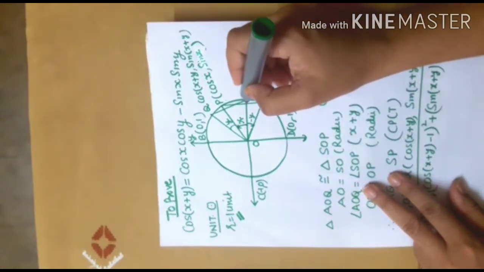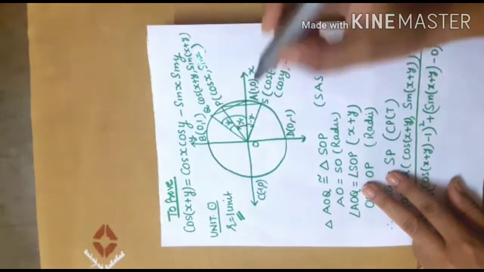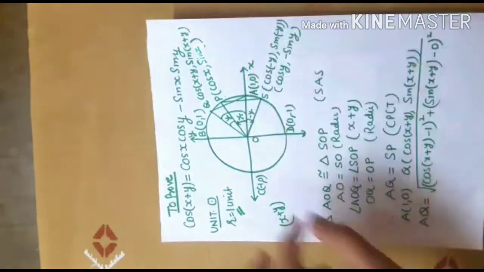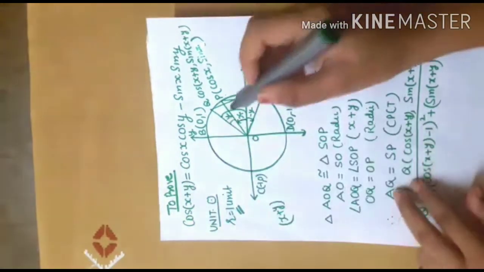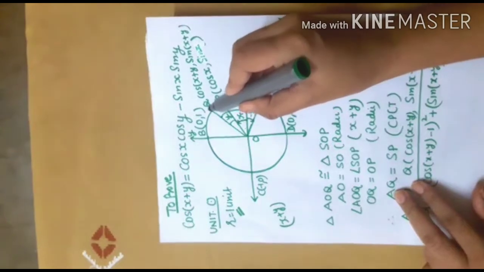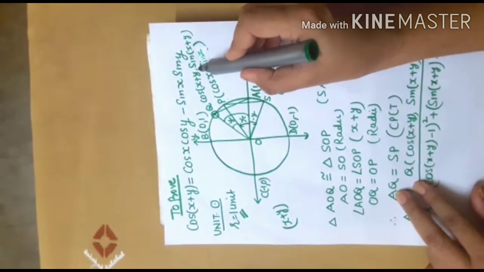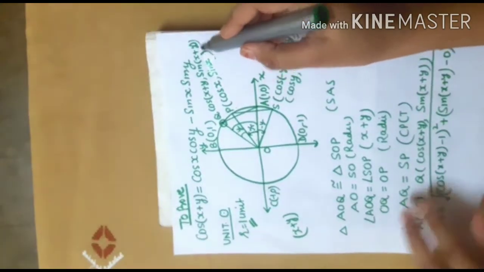And let this angle AOQ, that is this whole angle, be x plus y. This is x and this is y. So the coordinates of this point Q will be (cos(x+y), sin(x+y)). Right?